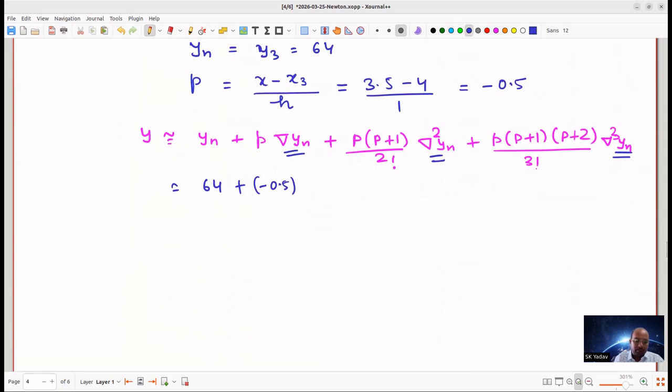So let's put these values in the formula. So I will get here into 37, and plus here minus 0.5 into minus 0.5 plus 1.